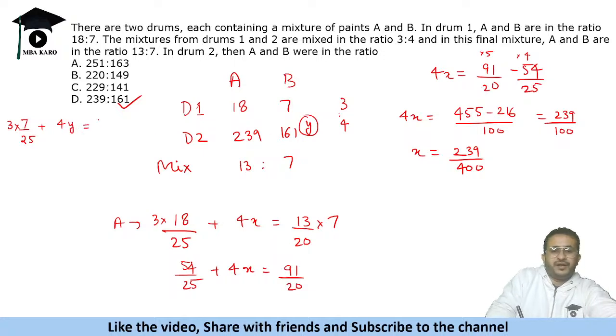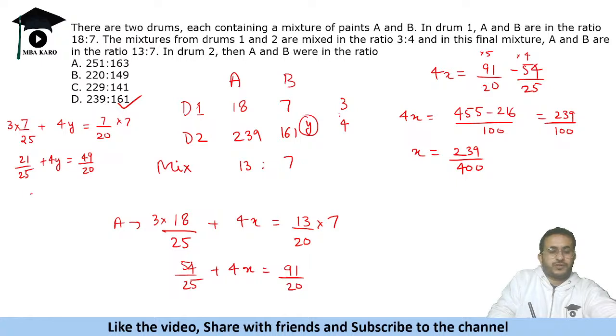So total is 7 by 20 and into 7. So this becomes 21 by 25 plus 4y. So subtract कर देंगे, 4y is equal to 245 minus 4 times is 84 by 100.